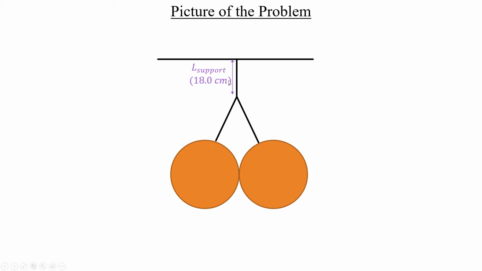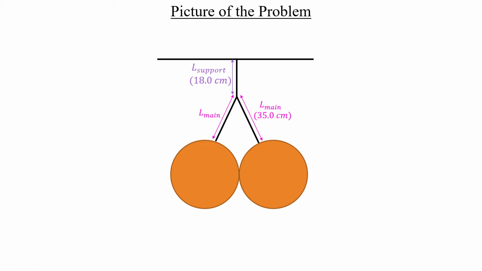That's the wire here up at the very top supporting both of the other wires that are supporting the spheres. And that's the 18 centimeter value that we were given. The longer wires here that support the individual spheres, I'm going to call L main, and that's our 35 centimeter value that we were given.